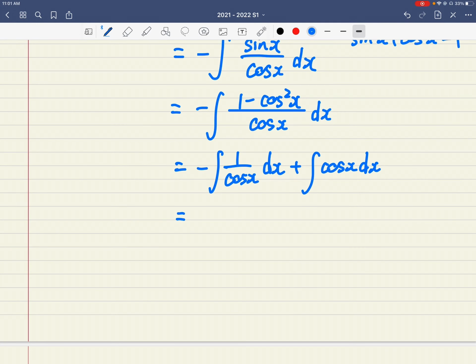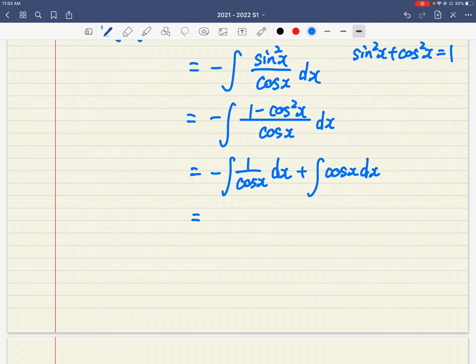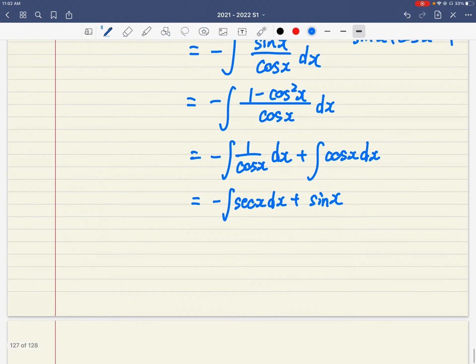Then you integrate it. It should be much easier. Integrating 1 over cosine x is integrating secant x, and the integral of cosine x is sine x. How do you integrate secant x? There's a formula: the natural log of the absolute value of secant x plus tangent x. Then plus sine x.